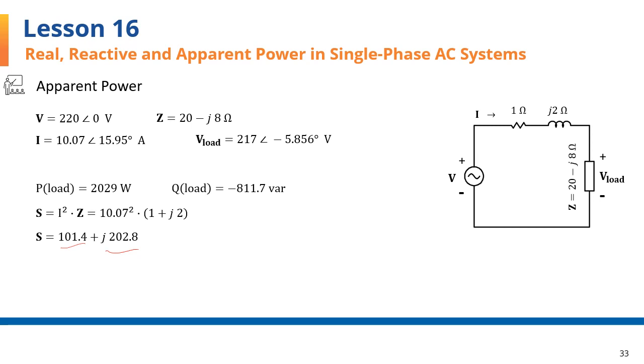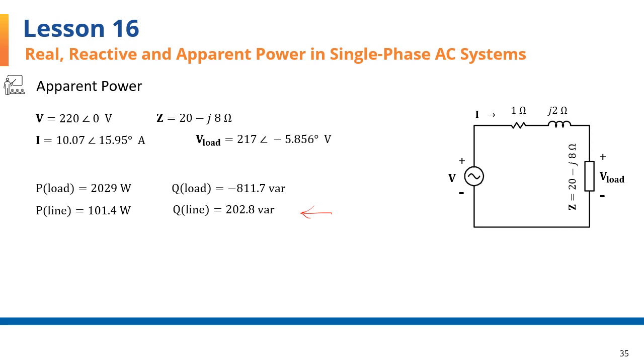Because the line is seen as a load by the source, the positive quantities mean power that's absorbed by the line, which we call power loss in the line. But it has the same nature as power that's absorbed in a load. Here are the two quantities, real and reactive power, and I'll save those for later use over here.